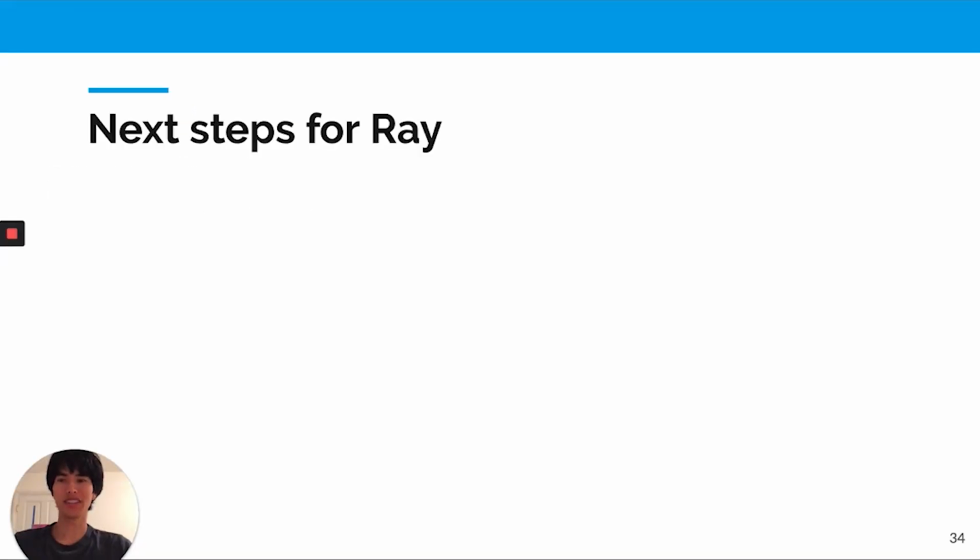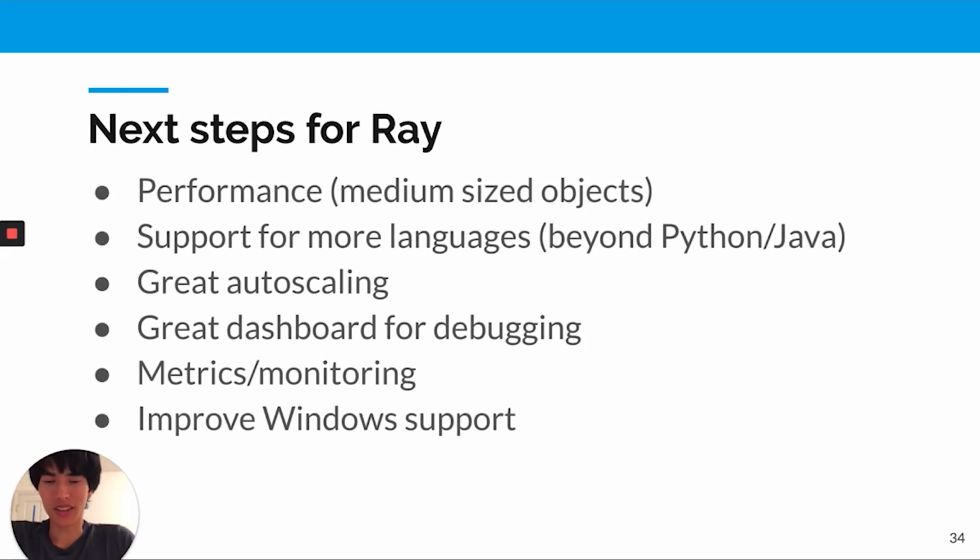So what's next for Ray? Well, we have a lot planned. As you can imagine, we're always doing work on performance, and that's not just because performance is important for its own sake, but performance is actually a key enabler of generality. One of the main advantages of Ray is that it's very general purpose and can support many different kinds of workloads.